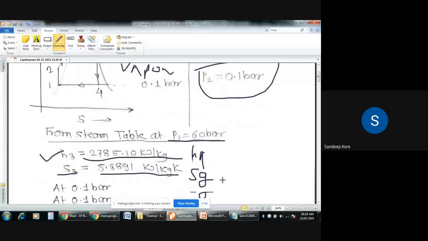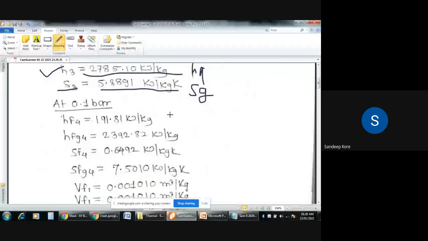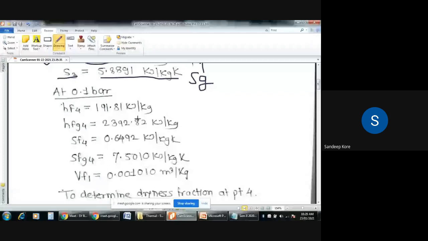Then at the second pressure, which is 0.1 bar, referring to the steam table, we have to note down the properties like Hf, that is enthalpy of the fluid, which is 191 kilojoule per kg.